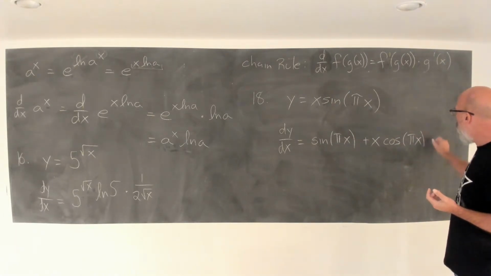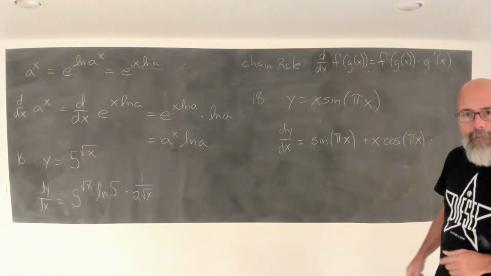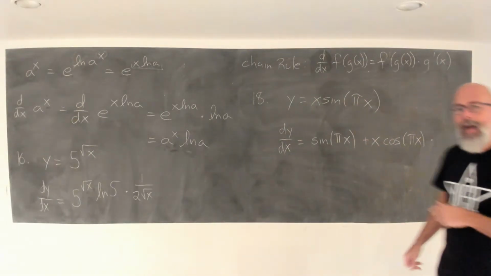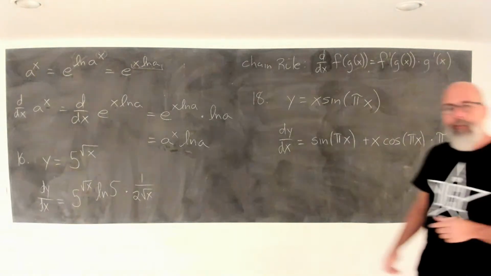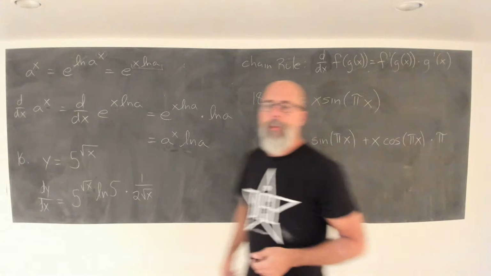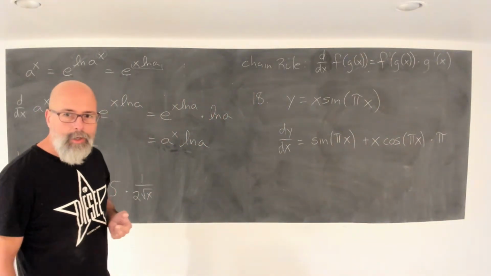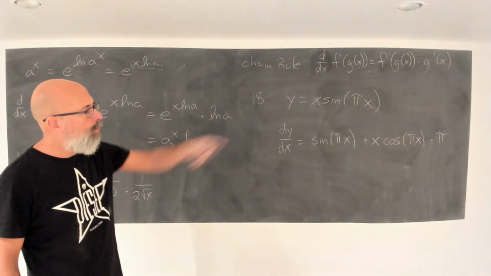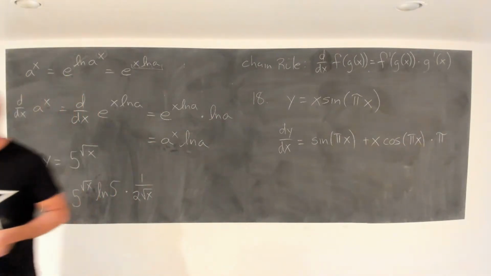So cos of that something times the derivative of the inside. Chain rule kicks in. Derivative of pi x is pi. So you see it's a chain rule inside of a product rule. Very nice.